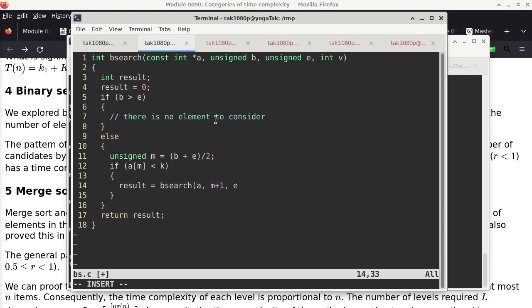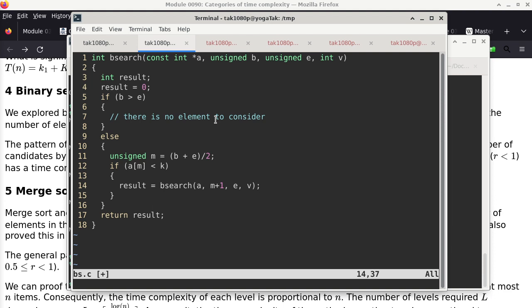The end has not changed, and the value we are searching for also has not changed. So I'm going to pause here and see if there are any questions about line 14 of this code. We are assuming the array to be sorted in a non-decreasing manner, or if it's easier, you can think of it as increasing order. Are we good so far?